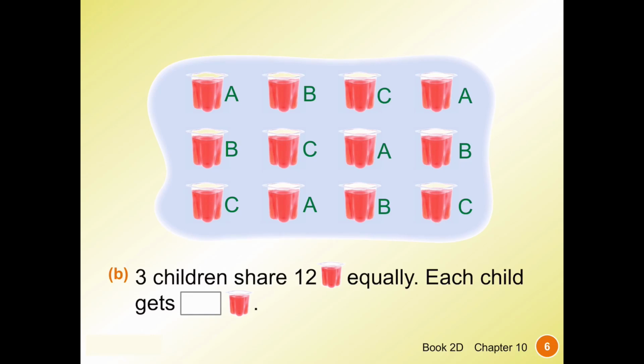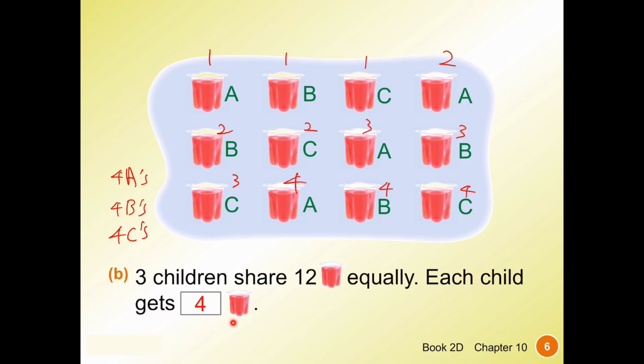And then we'll try to count the number of alphabets. So for A, 1, 2, 3, 4. We have 4 As. And then B, 1, 2, 3, 4 as well. So we have 4 Bs. And then C, 1, 2, 3, 4. We also have 4 Cs. That means each child gets 4 cups of Jell-O.